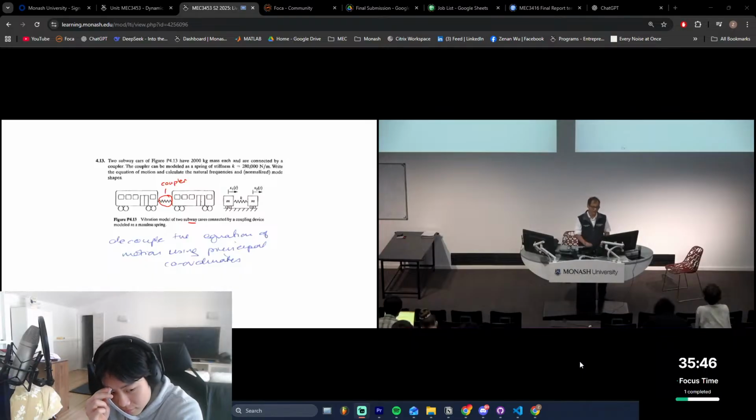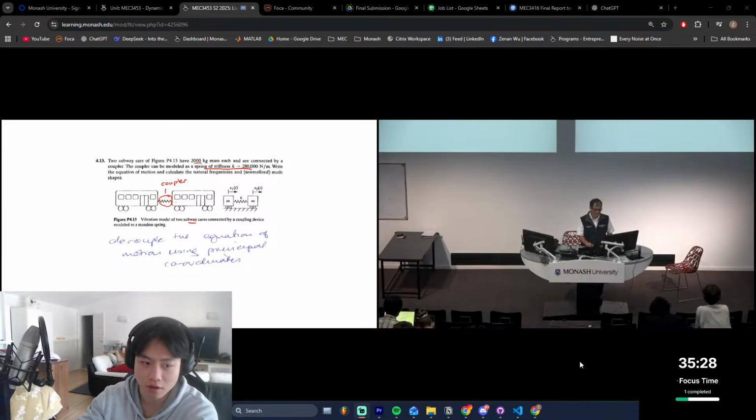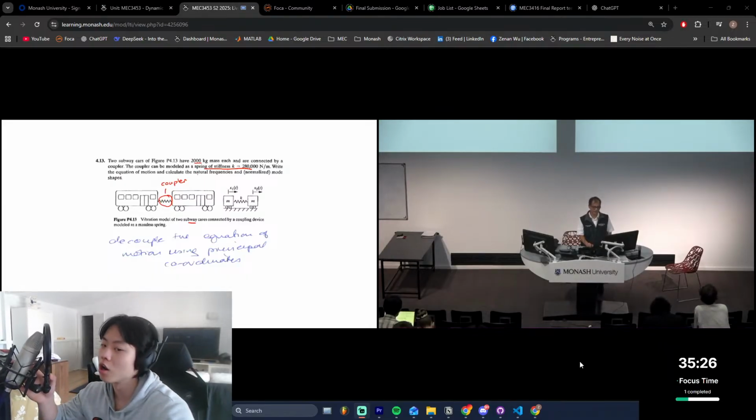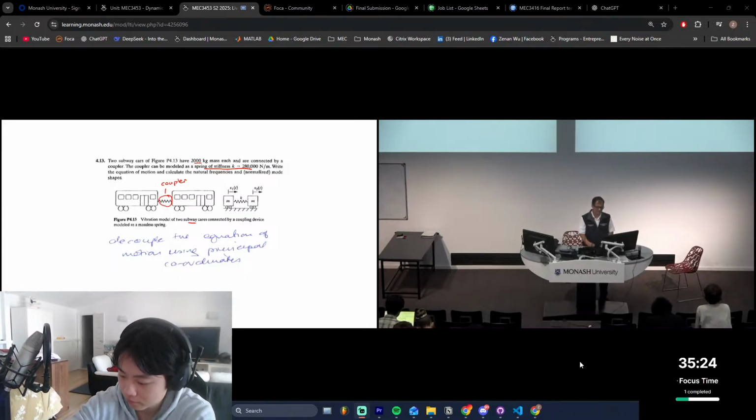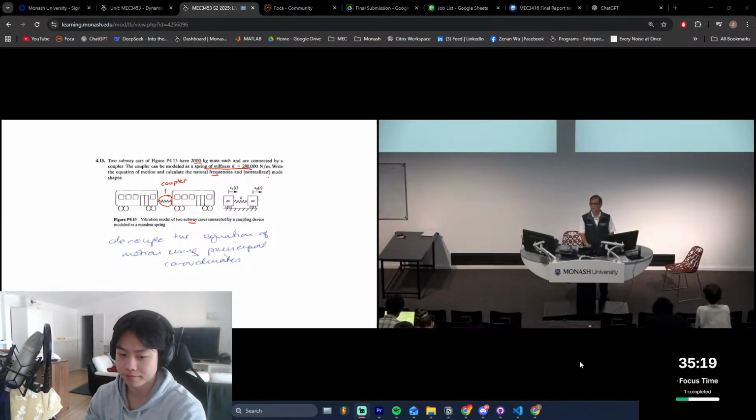Okay, and because it will have a certain amount of stiffness, in this case we will model this thing as a spring with a stiffness of 280,000 newtons per meter, and we are told that each of these cars has a mass of 2,000 kilograms. Okay, we are asked to find the equation of motion and then calculate the natural frequencies and the mode shapes.